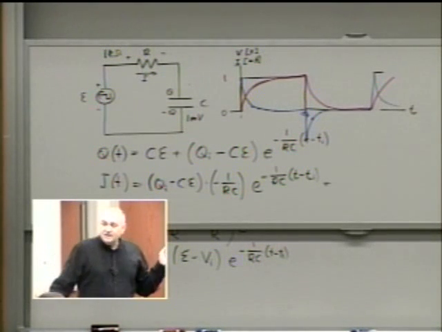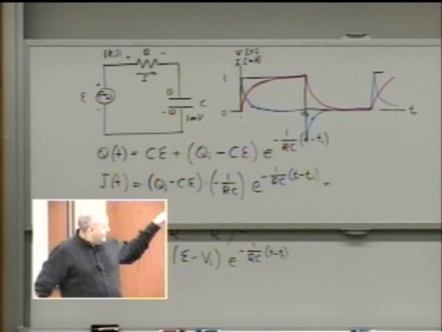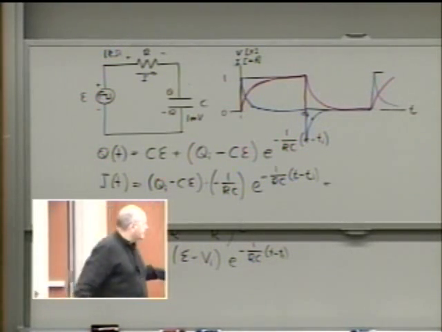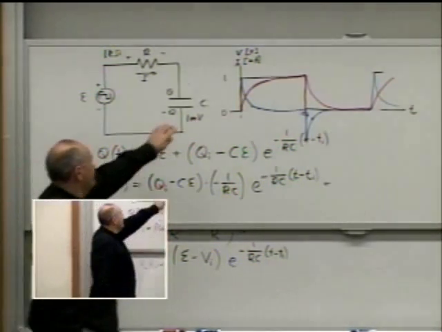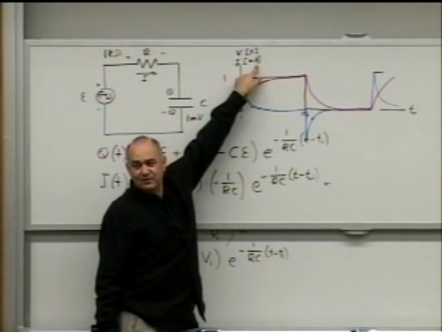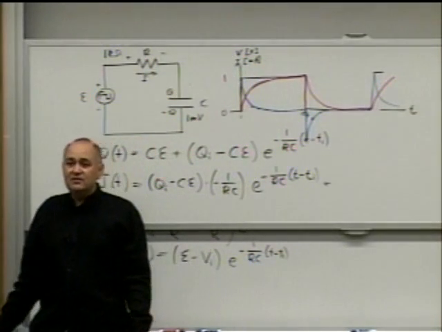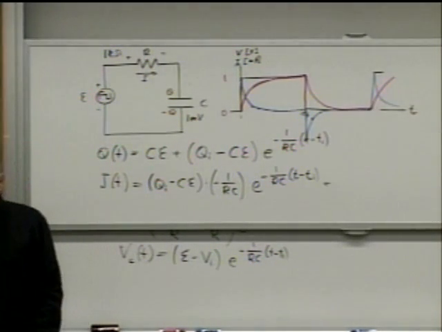All elements are connected in series. But if you read that blue line as current, you have to look that the vertical axis is current in milliamperes, because this curve is simultaneously voltage across the resistor.